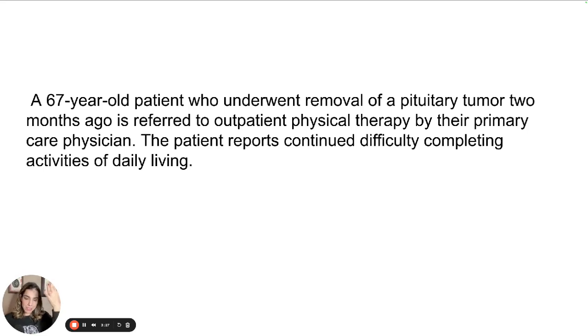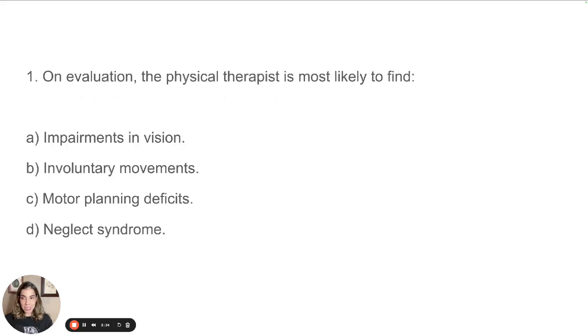And then we're presented with all these options, and we start to think, oh, well, never mind, etc. So, the lead in is on evaluation, the physical therapist is most likely to find. So what are the findings as a therapist? Before you see the answers, you can already start thinking, okay, someone with a pituitary tumor removal might show these particular things.